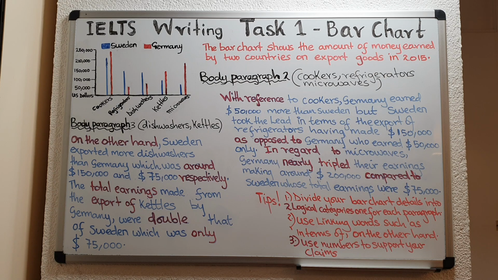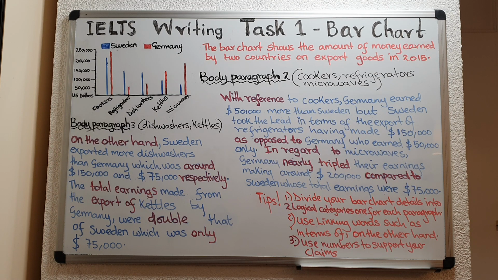Around means approximately. Approximately $150,000 and $75,000 respectively. Respectively means the first one is for the first country, that is Sweden, and then 75 is for the other one, Germany, respectively. Okay, so $150,000 is for Sweden, and the second one is $75,000, which is for Germany, respectively.